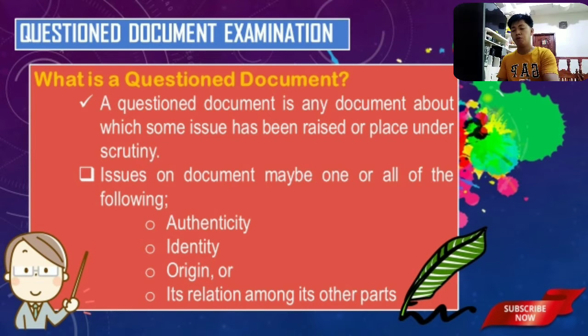Okay? So, those are some instances wherein a document may be put into question when it is being questioned regarding its authenticity, identity, origin, or the relation between the different parts of the document, either the writing materials or even the content, yung content mismo ng document na yan.